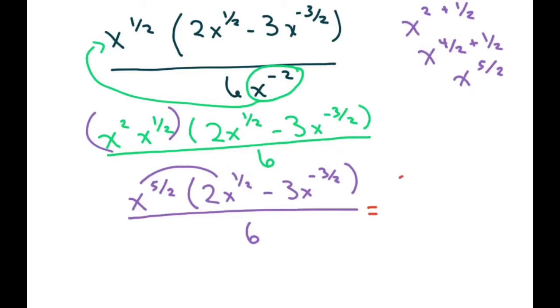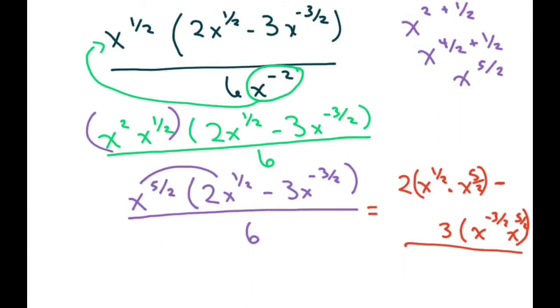So I'm going to write 2x to the 1/2 times x to the 5/2 for that part, and minus 3 times x to the negative 3/2 times x to the 5/2. And this is all over 6.